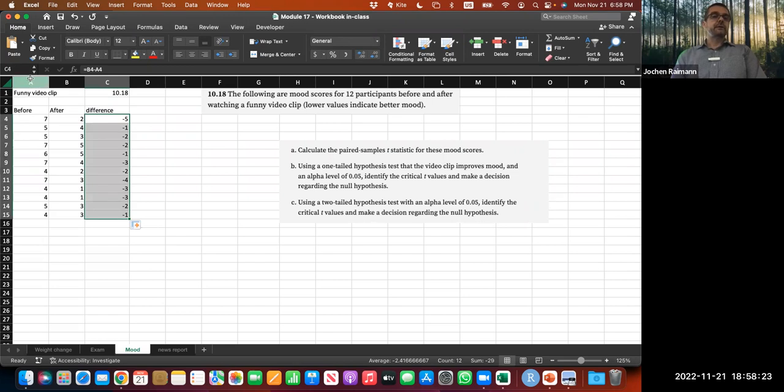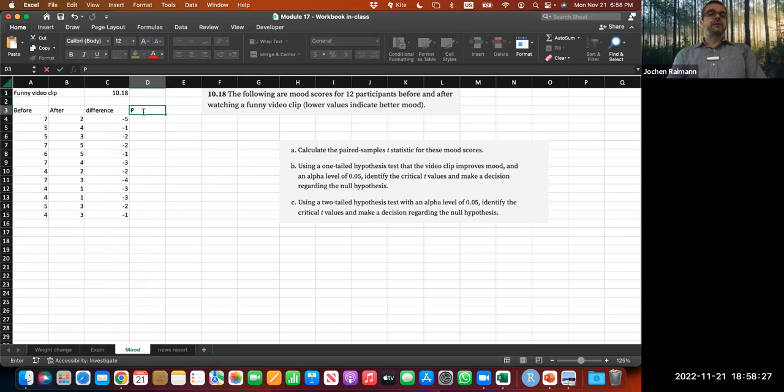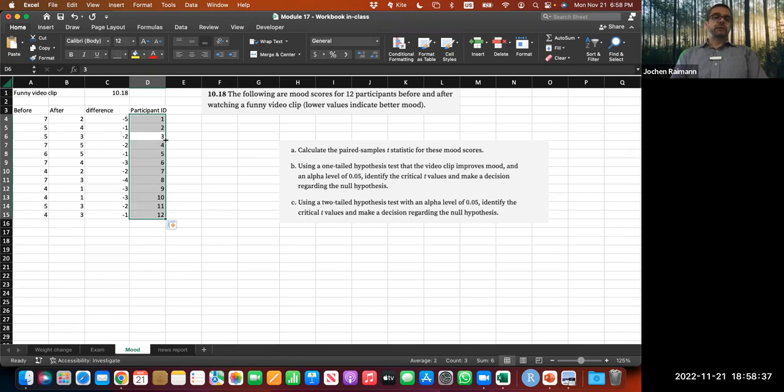How many individuals do we have? Let's create a participant ID. So we do 1, 2, 3. We have a total of 12 individuals.